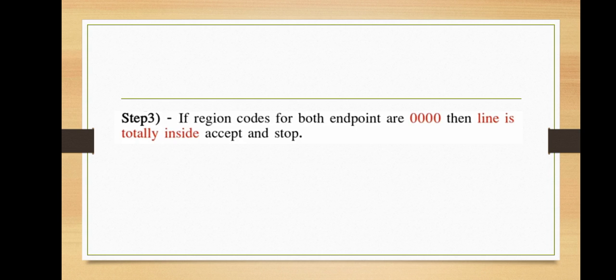You have to accept it and stop. No need for anything further, because it is not a clipping candidate. The window is not clipping the line at any point, so it is accepted as it is. Remember, both endpoints must be 0000, not a single endpoint.